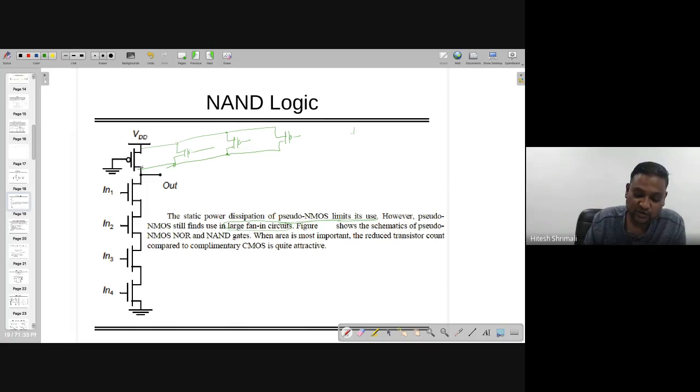Unlike pseudo-nMOS logic, where you require the PMOS transistor value much lower than the effective W by L of the whole network, in the case of CMOS logic you need to keep the whole ratio as 2. If you remember, you need to do this one. But in this case, that is not the thing.